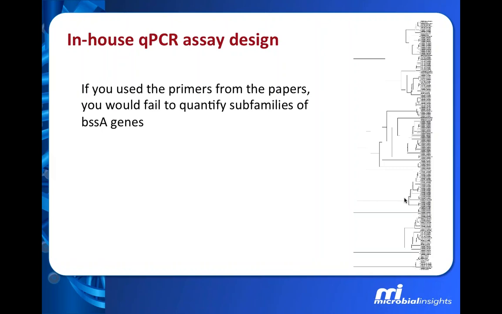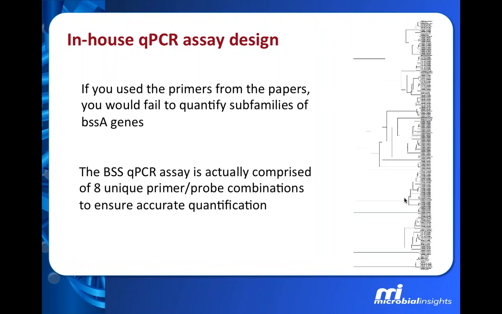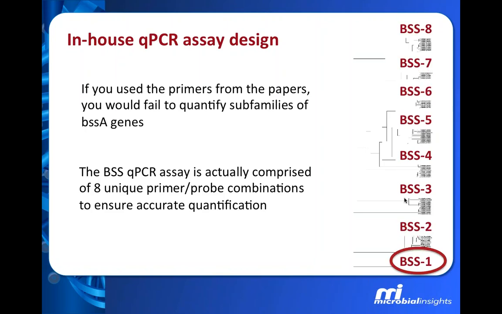So you have to counteract this. You have to continuously check your design and sometimes improve your assay. In our lab, the BSSA qPCR assay is actually 8 different primer probe combinations. That's the only way we can get an accurate result.